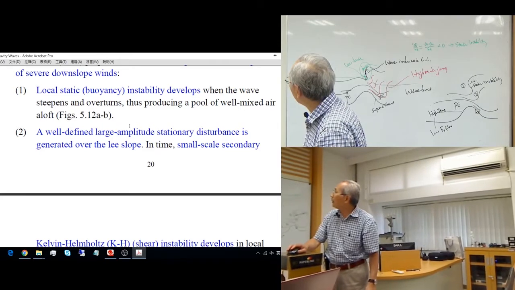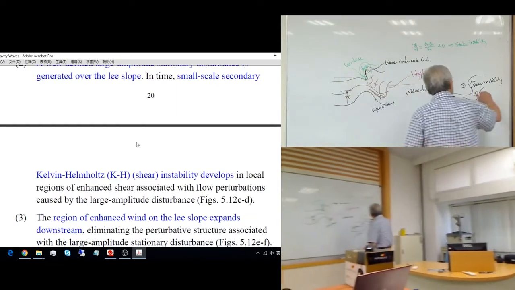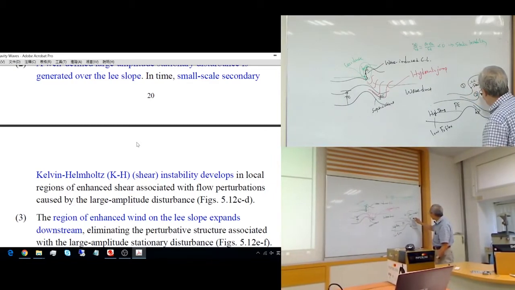And then in time, once you get to this stage, you develop strong shear. Here there's strong shear. And then you have the Kelvin-Helmholtz instability, or sometimes people just call it shear instability.